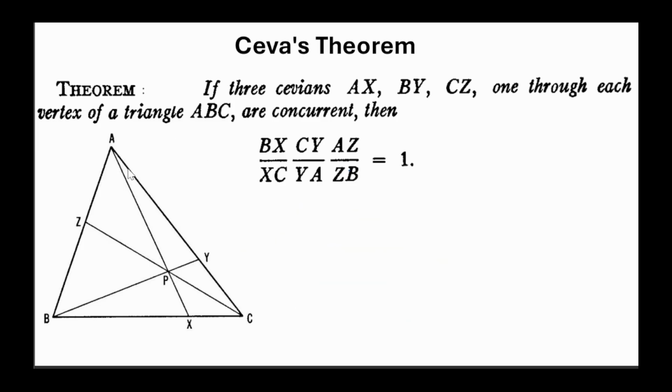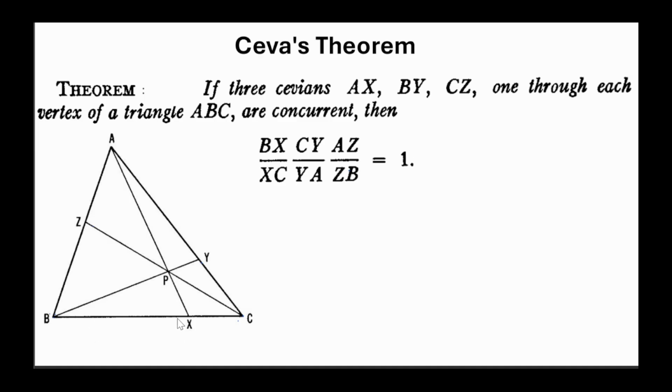We have the points X, Y, and Z on the sides BC, CA, and AB respectively. We have three Cevians: AX, BY, CZ, and these three Cevians are concurrent at point P. Now we have the lengths BX and XC, then CY and YA, AZ and ZB.